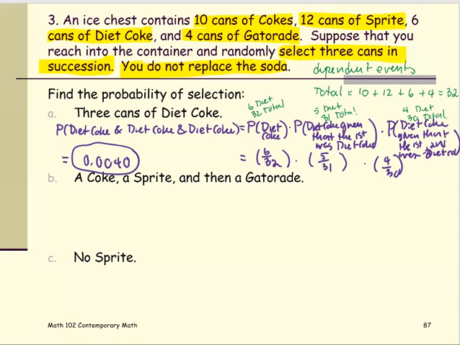The next time, the first one is a Coke, the second one is a Sprite, and then Gatorade. So we're going to set it up as the probability of getting the Coke, and next Sprite, and the last one is the Gatorade.